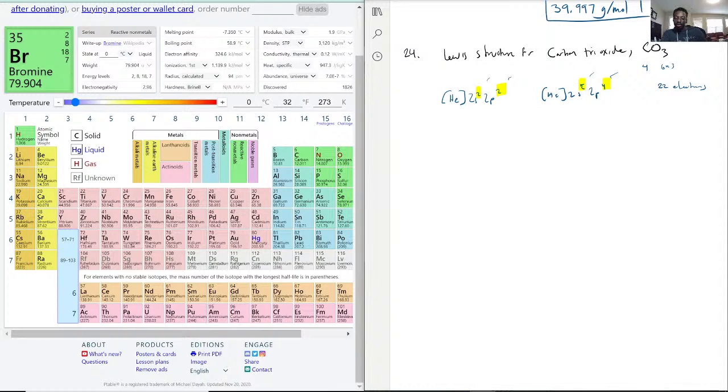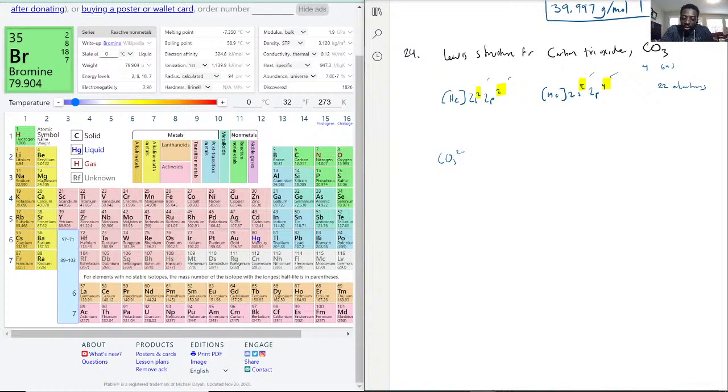Okay. So let's see if this is possible, because they didn't put any charge with it, but if they meant to put CO3 2 minus, the carbonate ion, then that would probably be a lot easier to work with. But let's just try solving it first, like carbon trioxide.